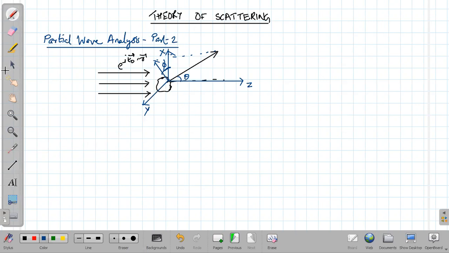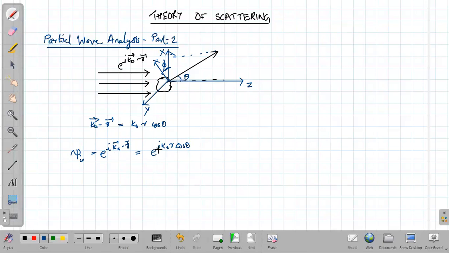Let's suppose this is the projection on the xy plane, and this angle would be phi. Our incident direction is k0. So k0 dot r, I can write as the magnitude of k0 r cos theta. And your incident wave we can write as e raised to i k0 dot r. So this is the incident wave function psi_inc, which we can write as e0 e raised to i k0 r cos theta.